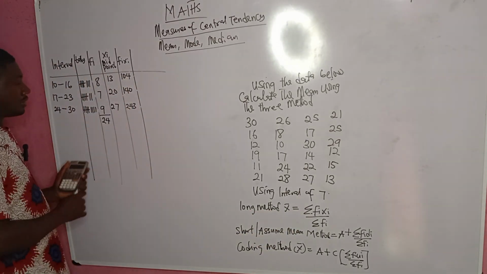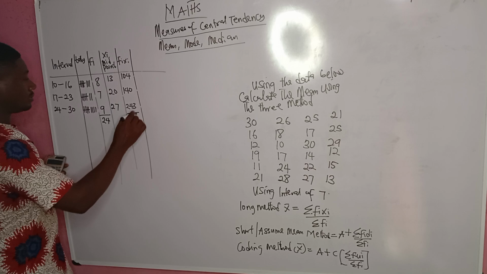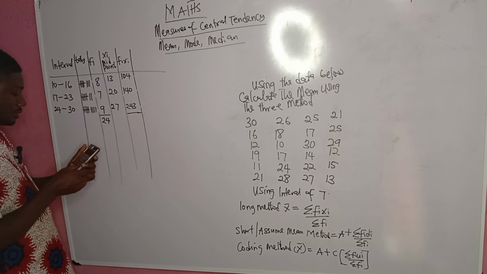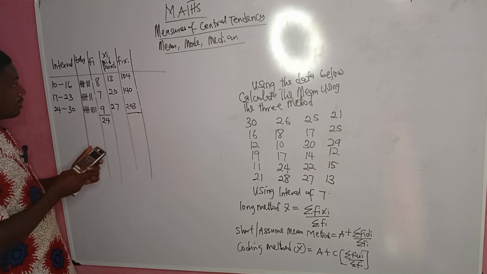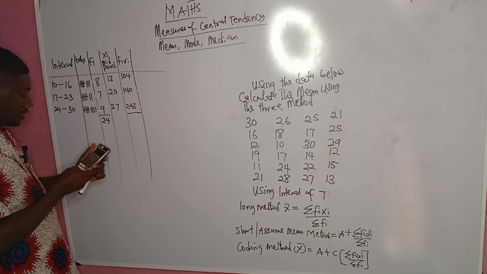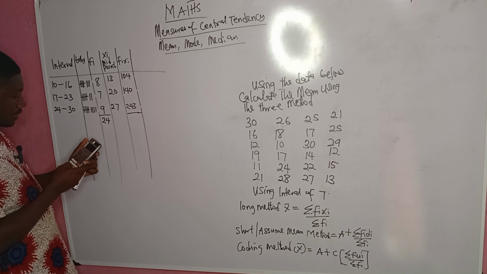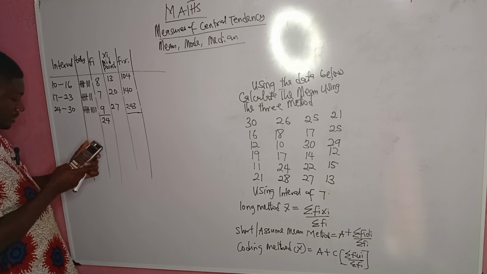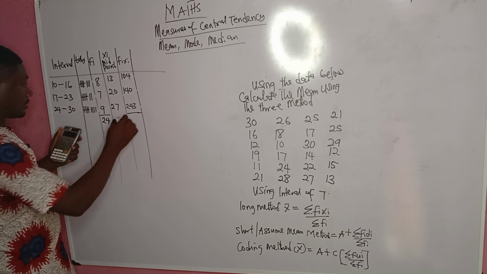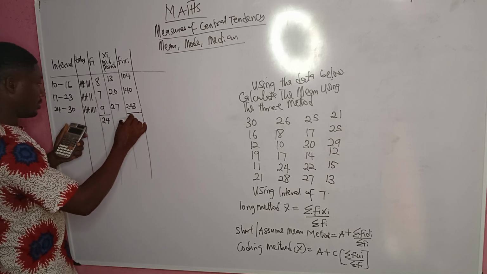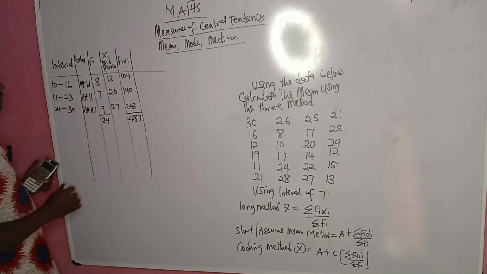Summation means to add up, so I have to add it up, which is 104 plus 140 plus 243. That will give us 487.